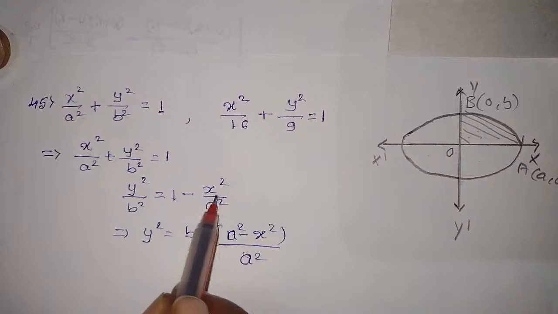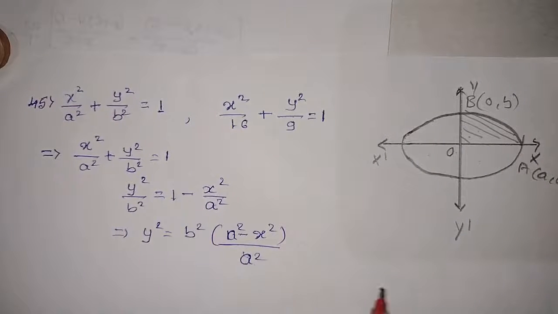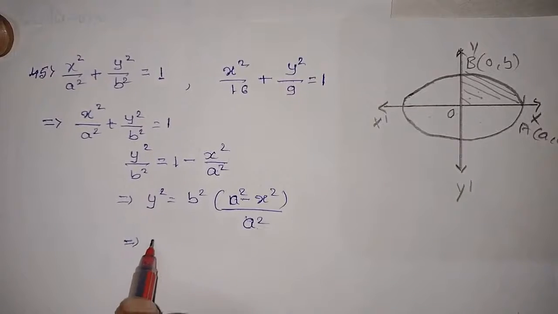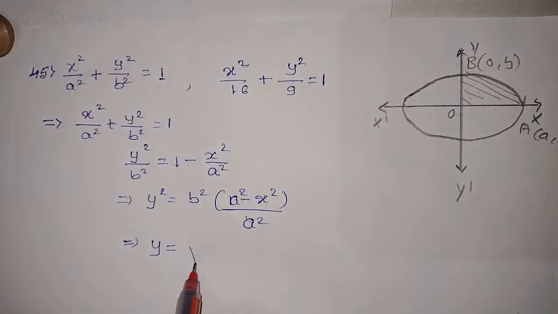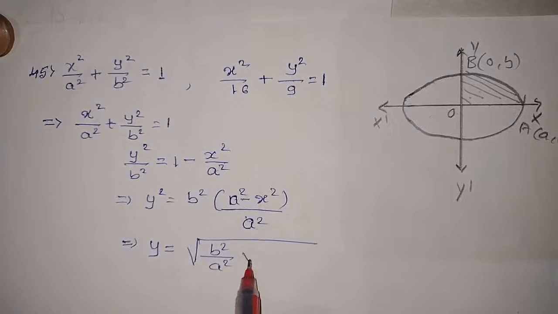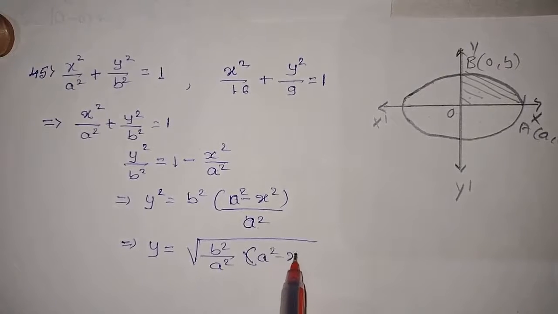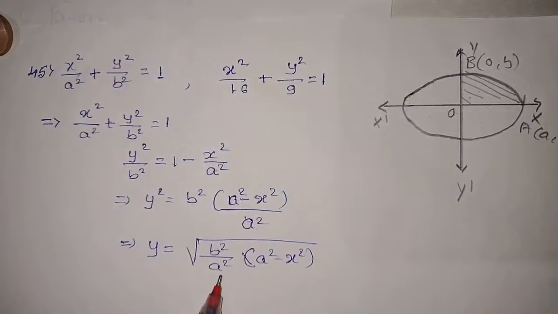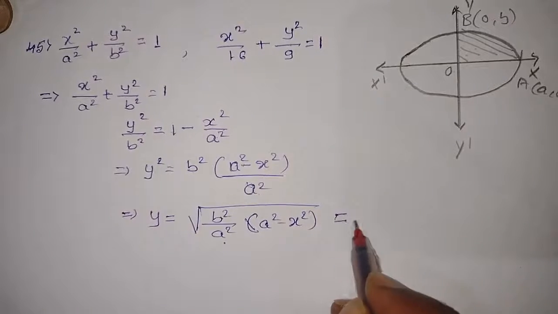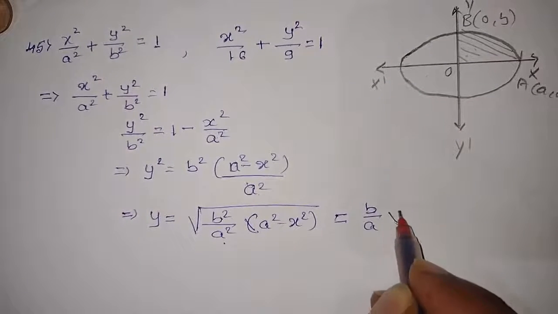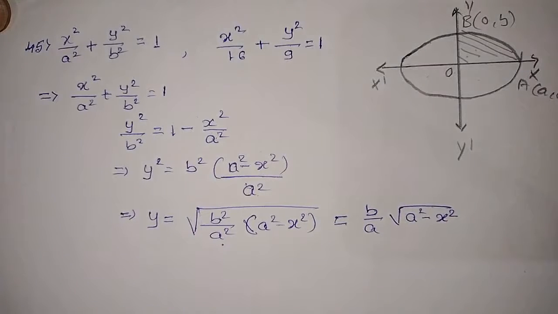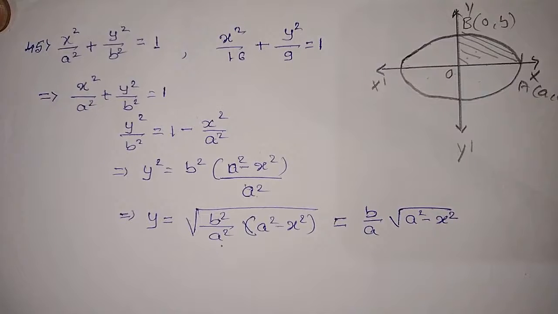Then y is equal to square root of b square by a square into a square minus x square. Totally this equation can be written as y equals b by a into root of a square minus x square. Clear students? This is the equation of y.